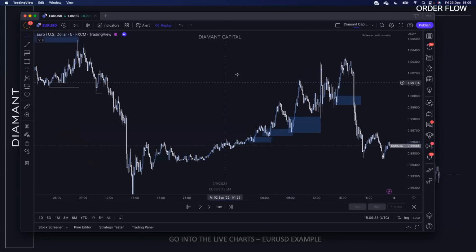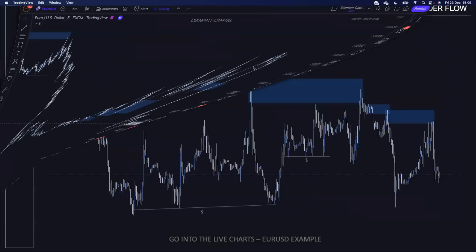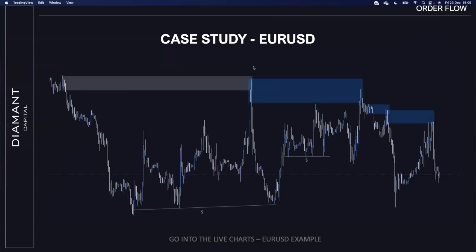So guys, I hope this lesson was beneficial. Obviously, lots and lots more content to come. This is pretty much at least an introduction into order flow, because especially with the elite strategy that I'm going to be bringing to all the students, there's going to be a lot of information to come. I'm going to be breaking it down into high time frames and low time frames as well, and how to actually enter every single area.